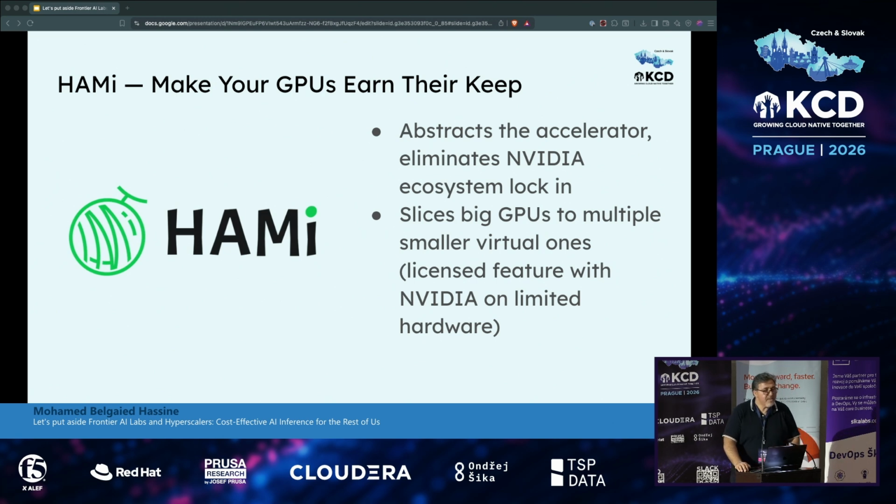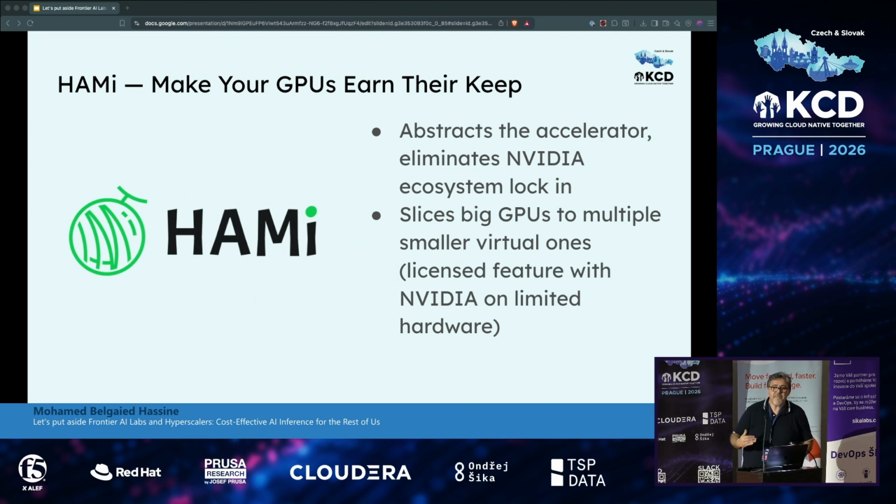If we talk a little bit more about HAMi now. HAMi's idea is that we should avoid having a vendor such as NVIDIA completely control the GPU AI inference space. We should be able to work with any type of accelerator, and in this case, we're not only talking about GPUs, but any accelerator for AI inference.